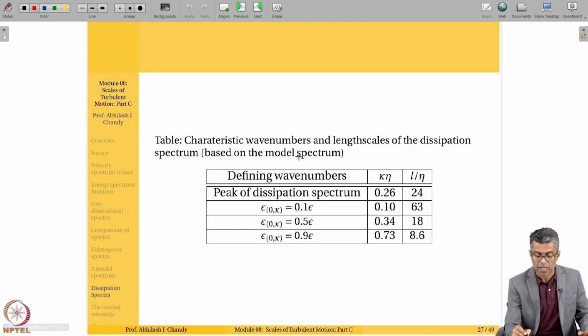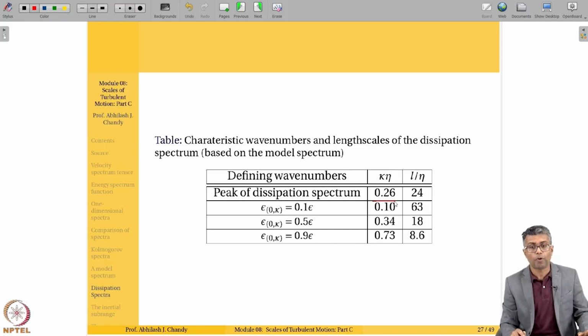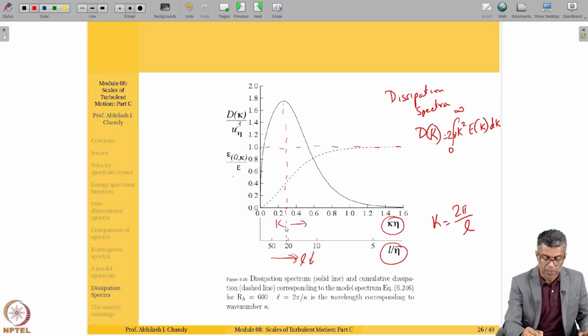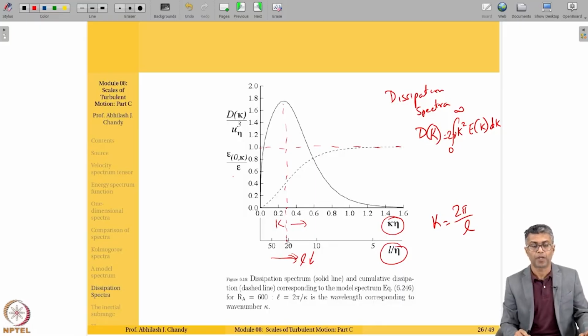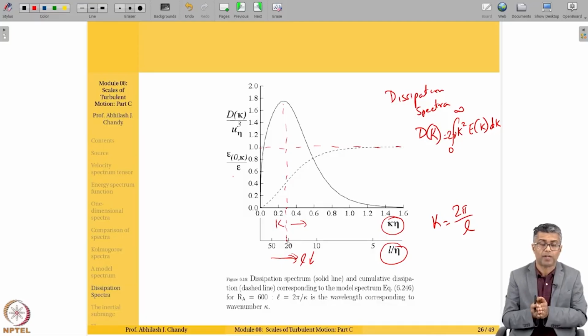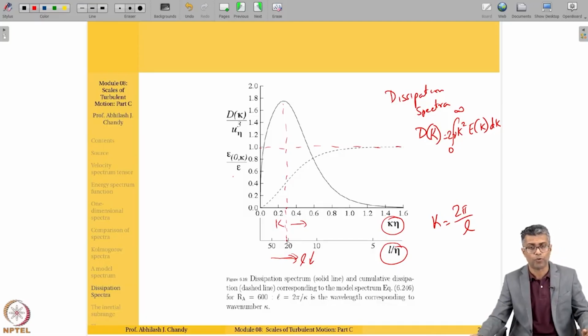So that is the peak of the dissipation spectrum, 0.26 and 24. If you see here, that is 0.26 and 24. So that is where the dissipation is at its peak, at kappa eta equals 0.26, or L equal to 24 eta, or L over eta equal to 24.